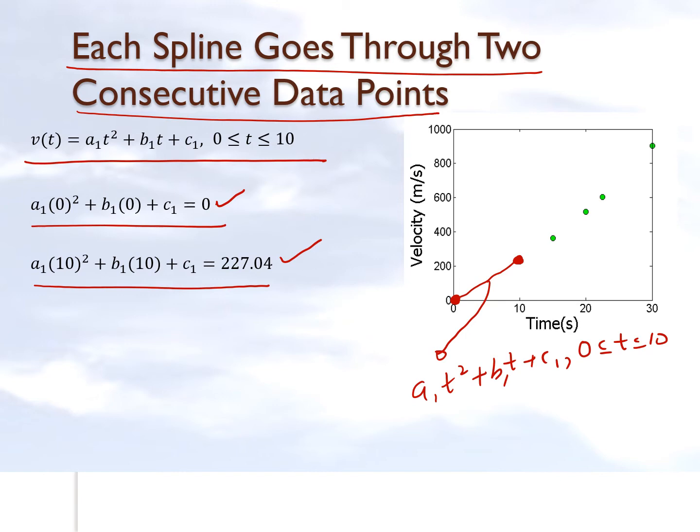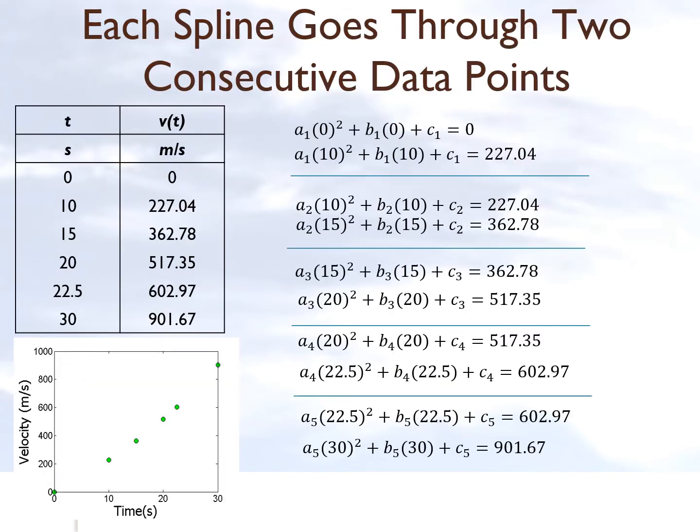So let's go and see what the aggregate number of equations we get by applying this principle that each spline goes through two consecutive data points. So we can see that these two equations which we just found came from saying that the first spline is going through 0 and 10.